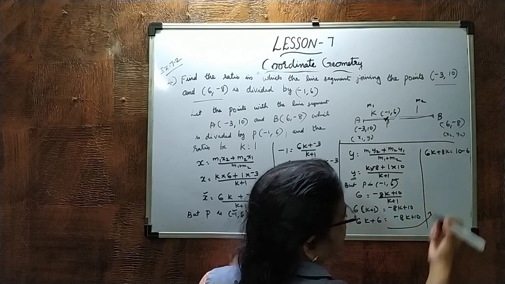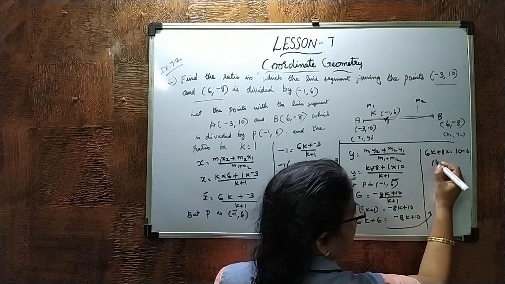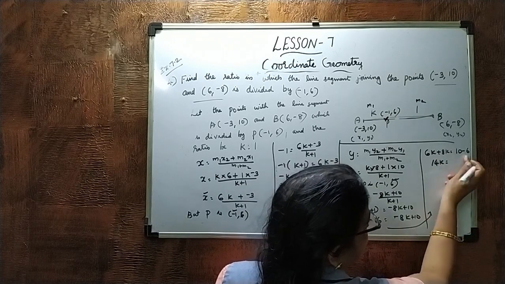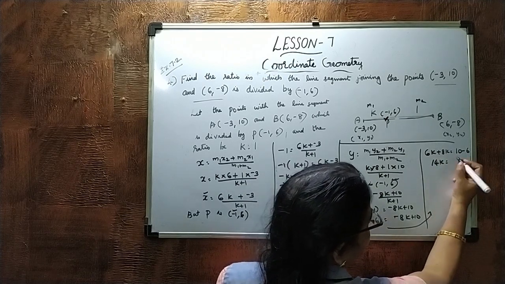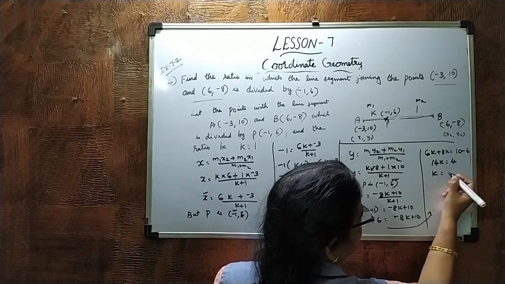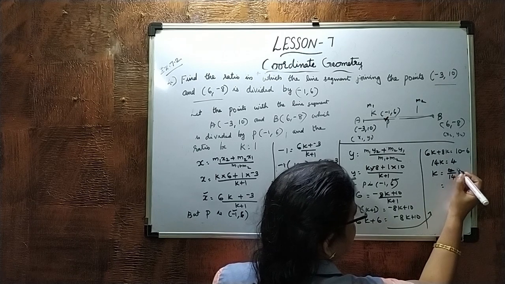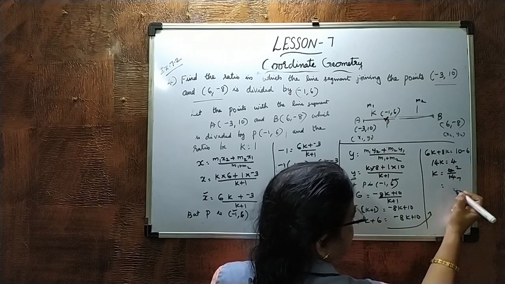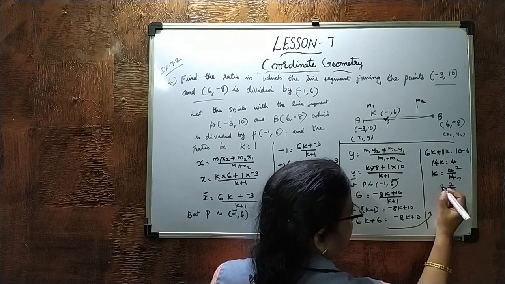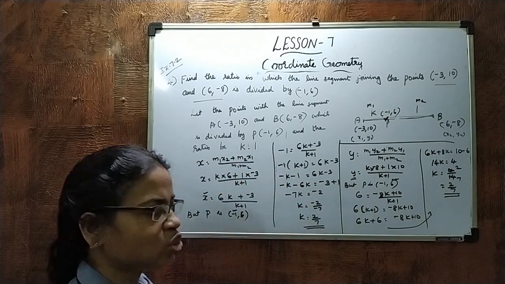It will be 6 plus 8, what will I get? It is 14K equals, here it is 10 minus 6, it is 4. K is equal to 4 by 14. Just cancel: 2 into 2 is 4, 7 into 2 is 14, so 2 by 7. So here also you will get the answer 2 by 7.